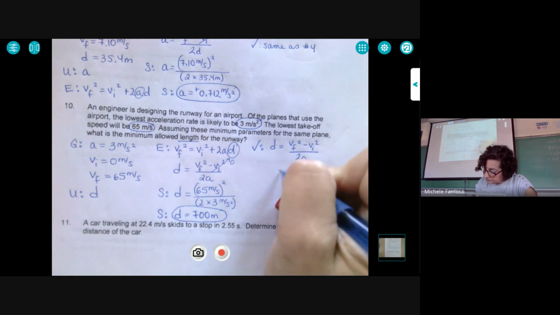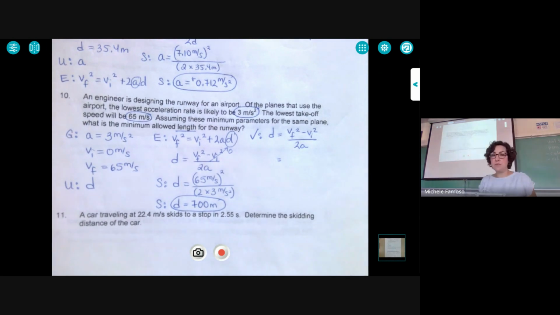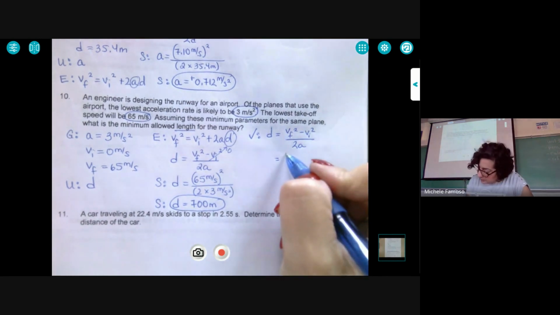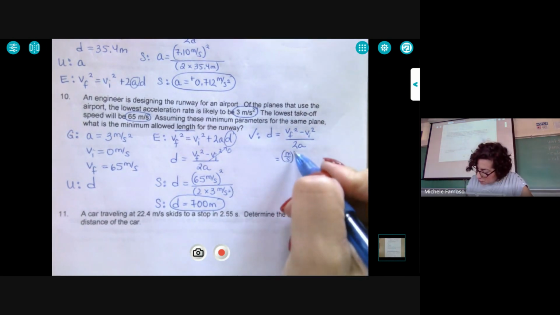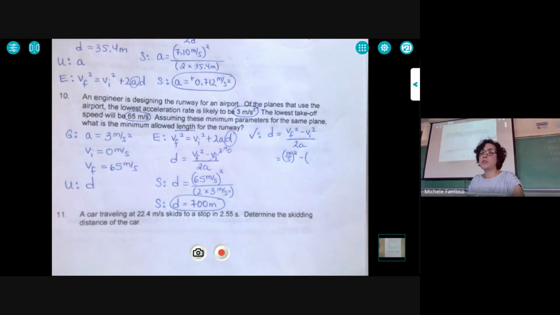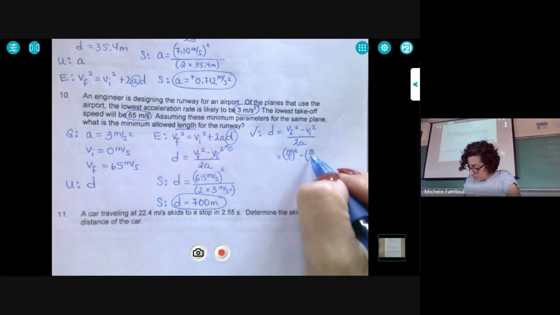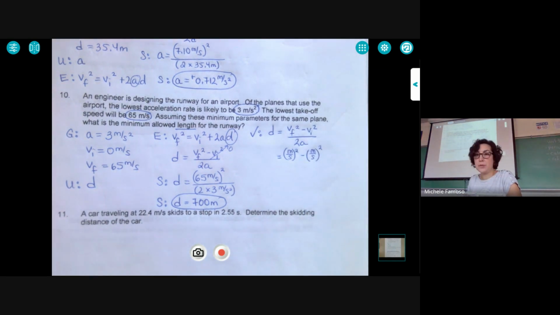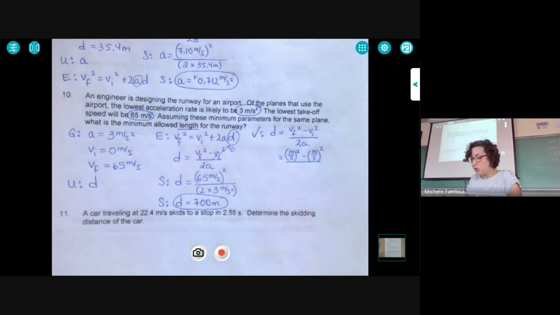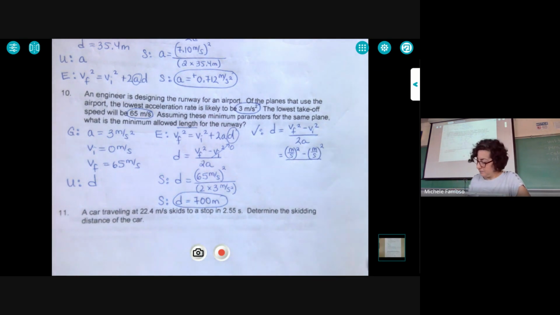All right, Savannah, help me out. What is the unit we have for VF measurements? Good. And we're going to have to square that. Alex, what are my units for the VI measurements? Good. Yep, and we're going to put that with a square after it. Now, the 2 gets ignored because it's not a measurement. Nick Rushford, what are my units for acceleration?